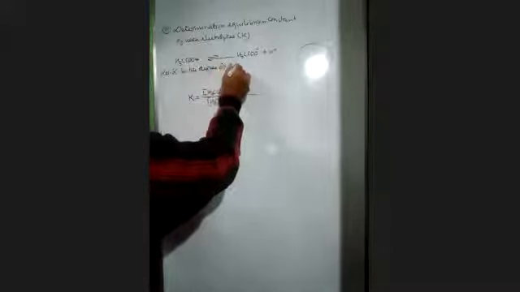Okay. So let alpha be the degree of dissociation. See here. The moment I put this acetic acid in water, it does not break down into ions.